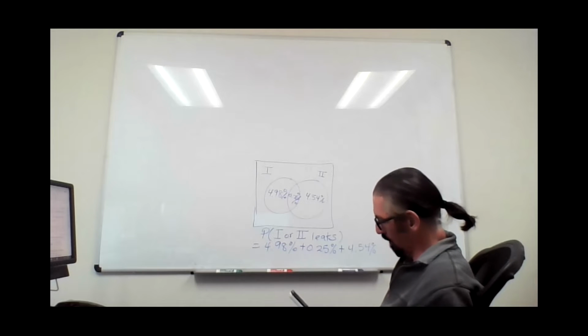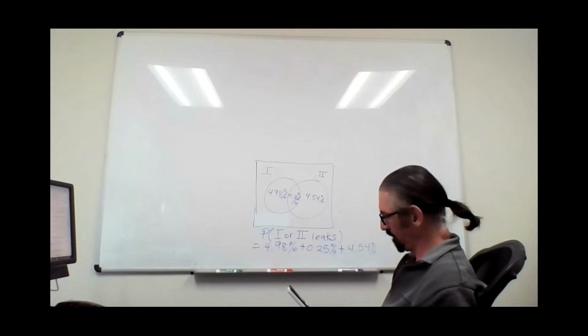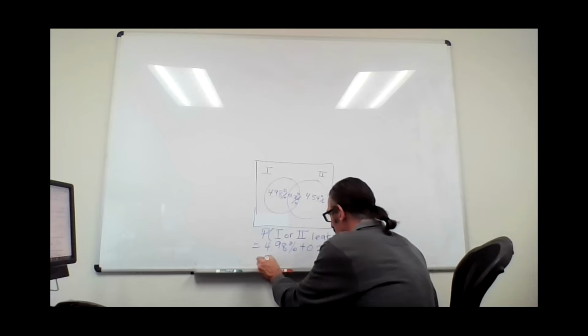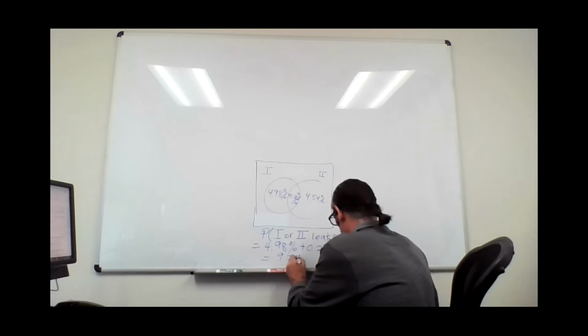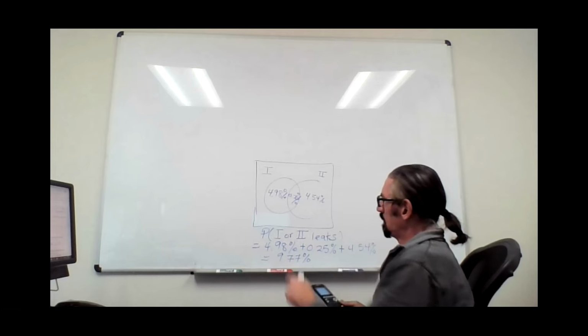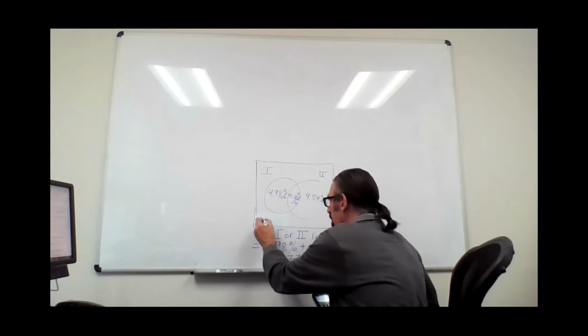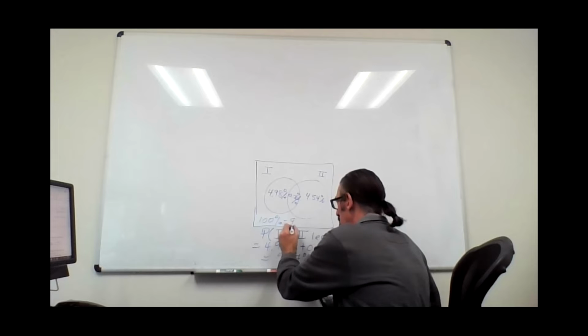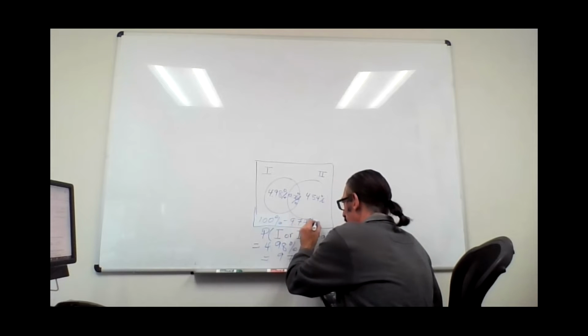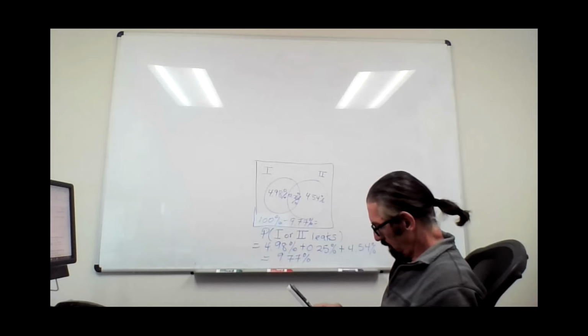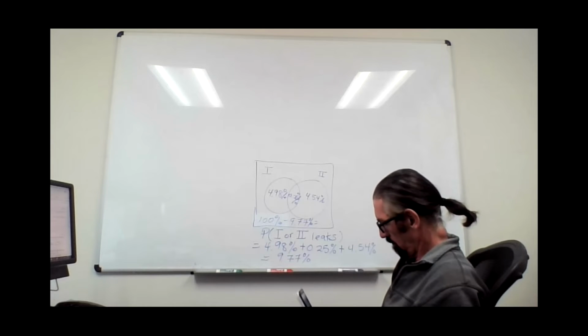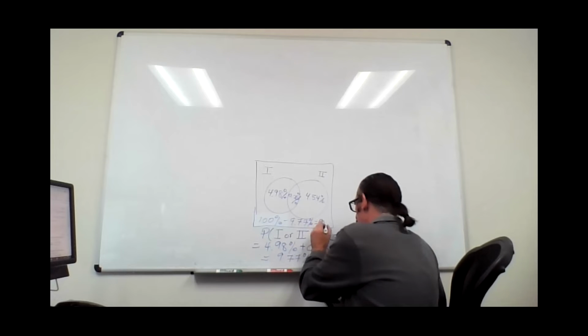So, adding all three of those, including what's in the intersection, union is inclusive, I'm getting 9.77%. And if we subtract that from 100, that's going to be 90.23%.